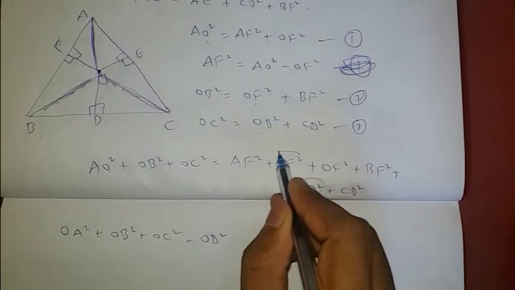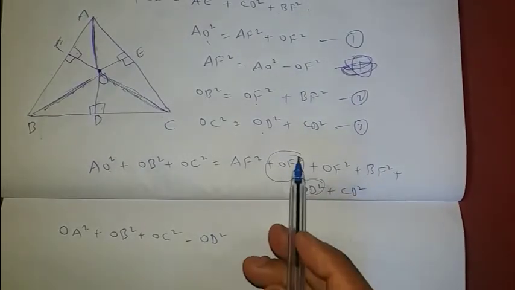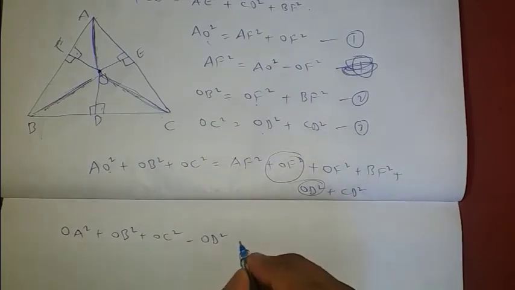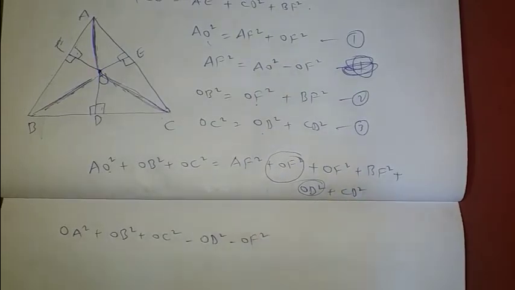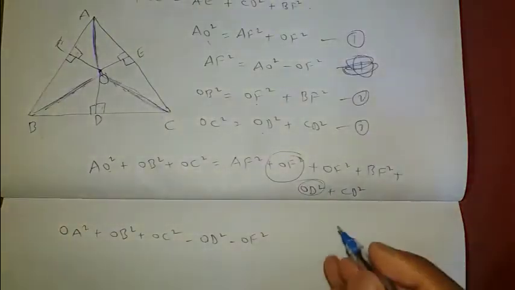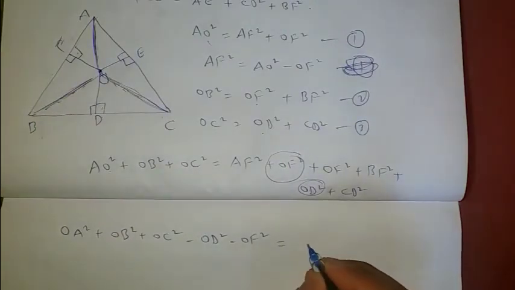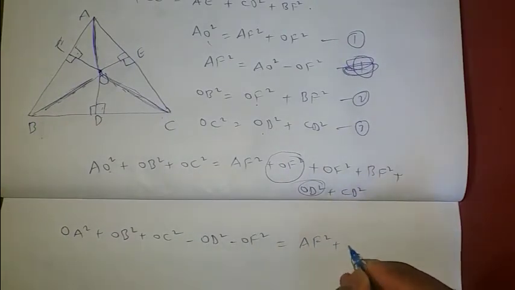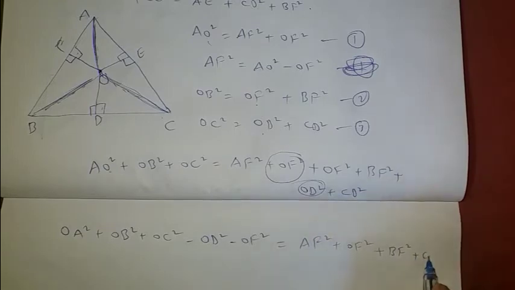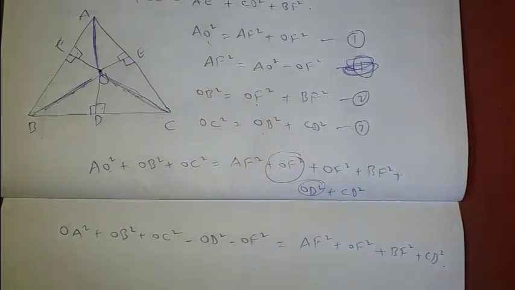Next, on the right side we have OF square. I will bring that OF square to the left side. It will become minus OF square. Next, what we are left with is equal to AF square plus OF square plus BF square plus CD square.